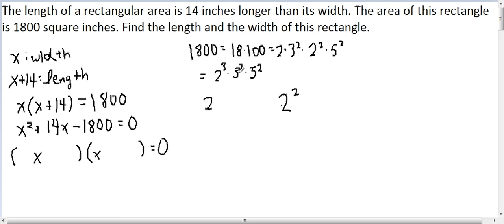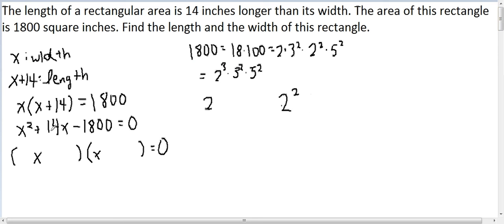If we divide up 3 so that both of these factors get 3, then both of these numbers will be multiples of 3. And if we add or subtract multiples of 3 together, the sum or the difference of those two numbers will also be a multiple of 3. So we can't do that. We need to make sure that 3 squared stays together. So either the first factor gets 3 squared or the second factor gets 3 squared.